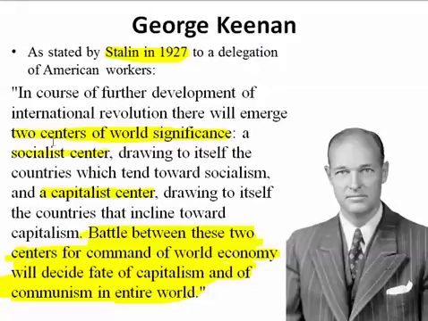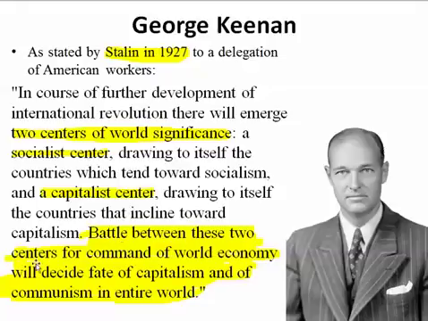And he says, this is Stalin saying this, in the course of further development of international revolution, there will emerge two centers of world significance. A socialist center, drawing to itself the countries which tend towards socialism, and a capitalist center, meaning the United States and Western powers, drawing to itself countries that incline toward capitalism.